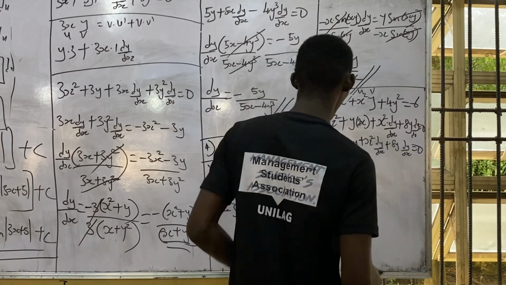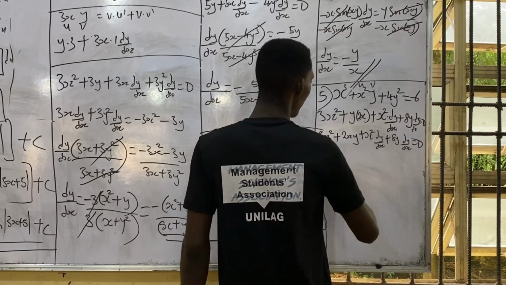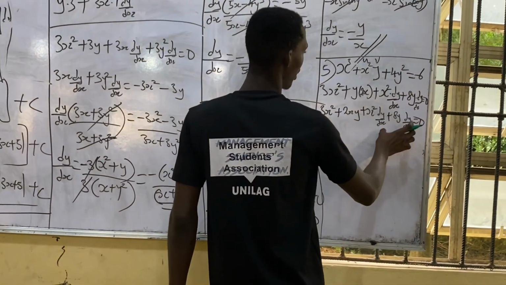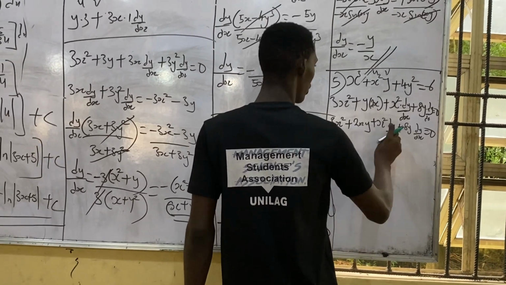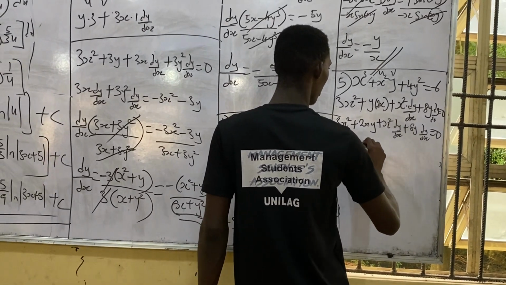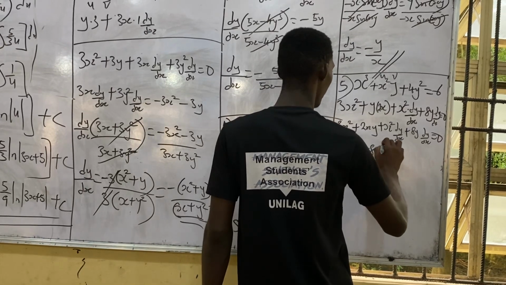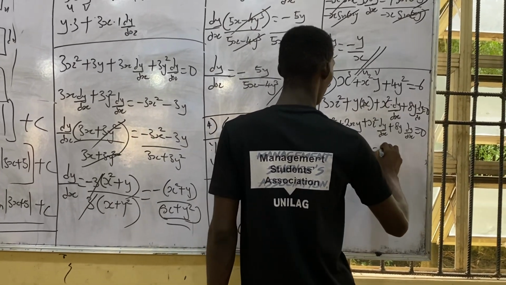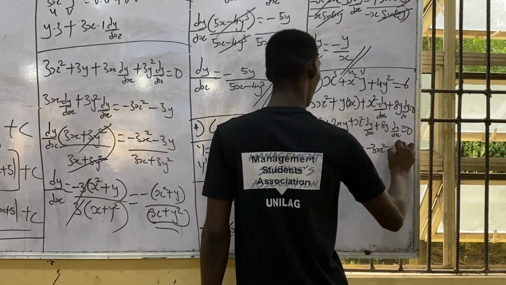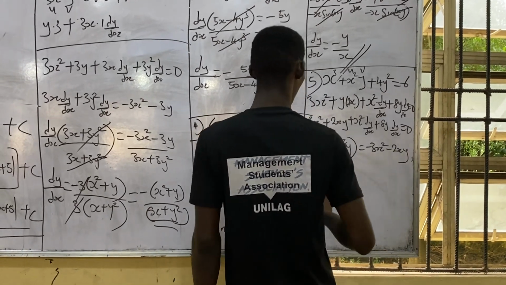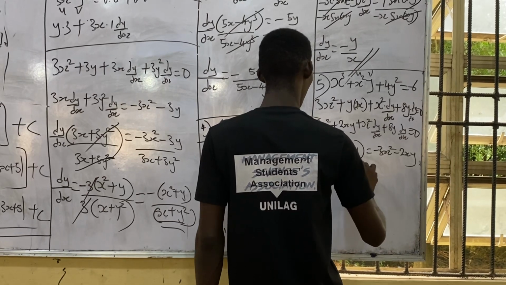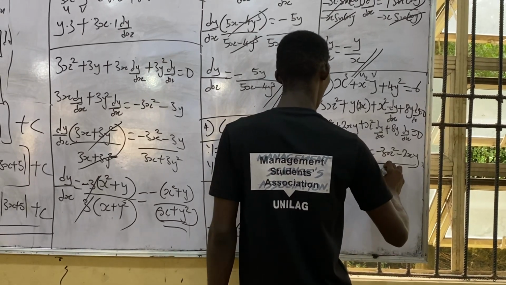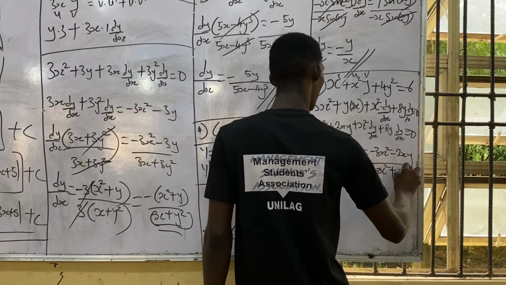So these two are coming to the other side. Then we'll find the common factor, which is dy dx. What's common? We have x squared plus 8y is equals to minus 3x squared minus 2xy. So you divide both sides by x squared plus 8y over x squared plus 8y.